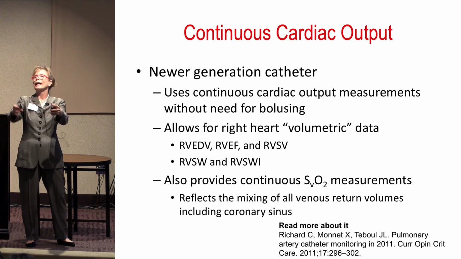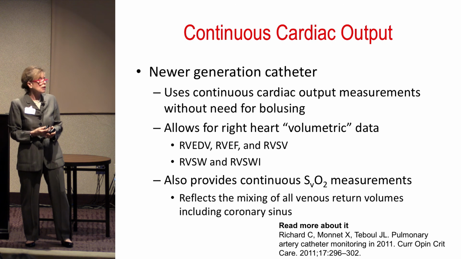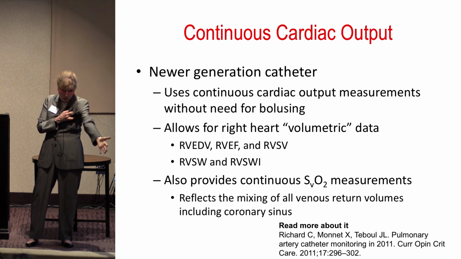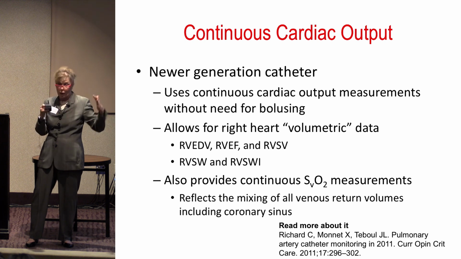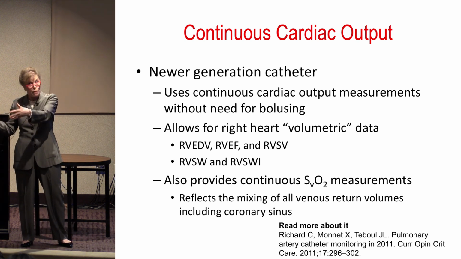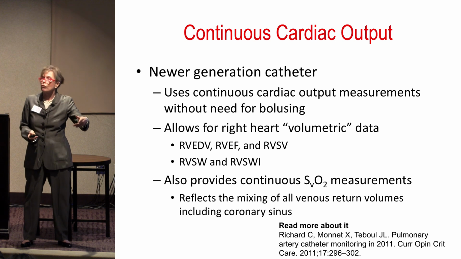If you were really sick and I was asked for my opinion, I would say, oh, you're really sick. I want you to have a basic methodology for arterial volume evaluation, whatever way I'm going to do that. And if you're on 10, 12, 15 of PEEP, or airway pressure release ventilation, or pressure control inverse ratio with prolonged dwell time, I'm going to want you to have a PA catheter as well.